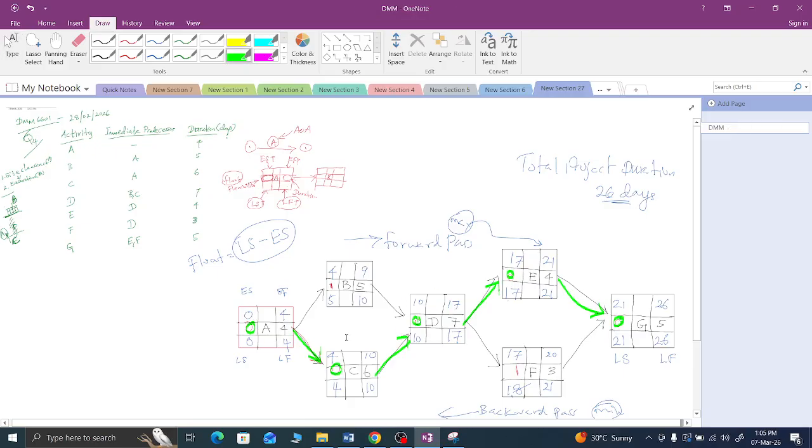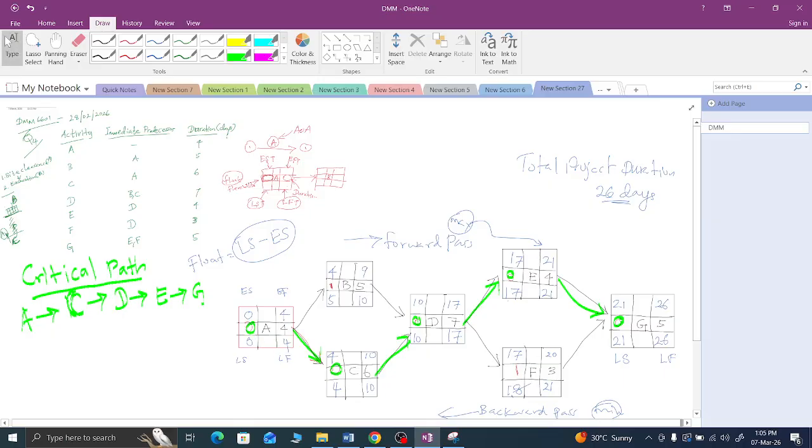This is A. From A to C, A to C to D to E to G. This is the critical path. If anyone asks you a question to find the critical path, this is the way of finding the critical path. This is the critical path.